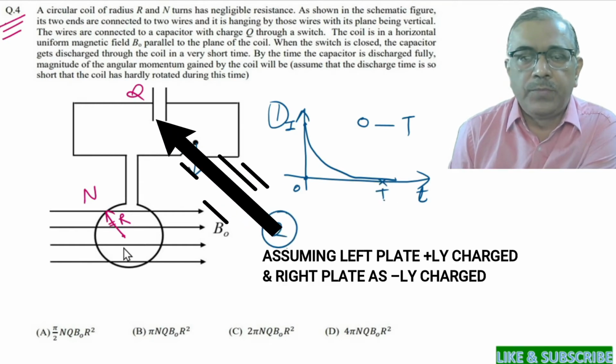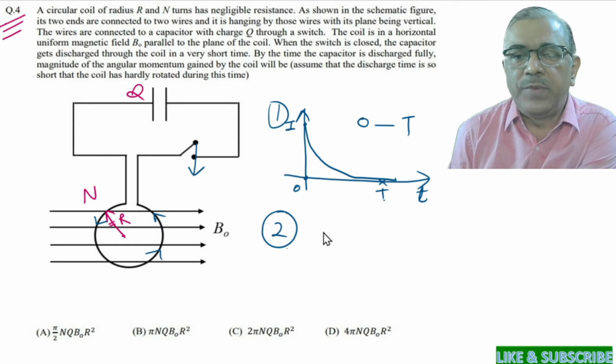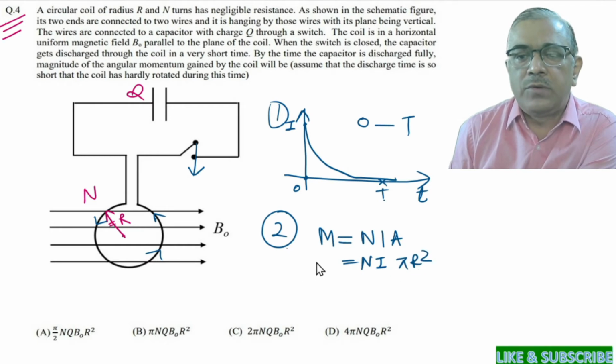Point number 2. Current is flowing through this loop and hence it acquires a magnetic moment. The value of the magnetic moment will be given by NIA. If you want, you can write N I into pi r square. Now you should be very clear about two things.